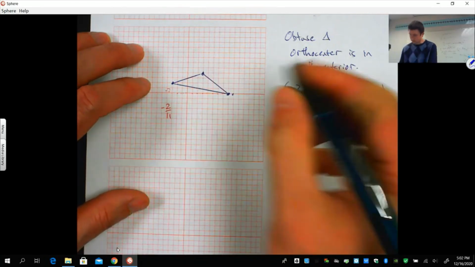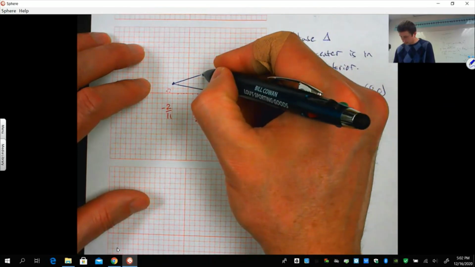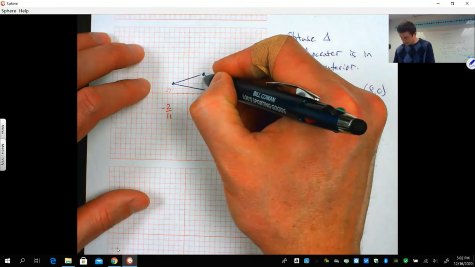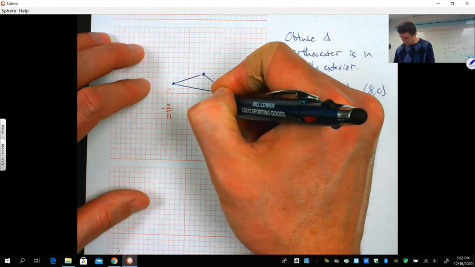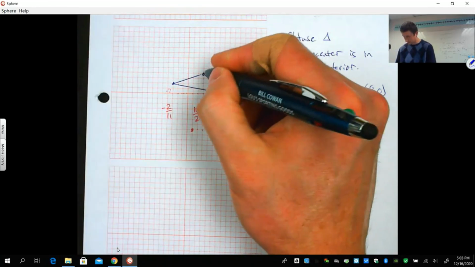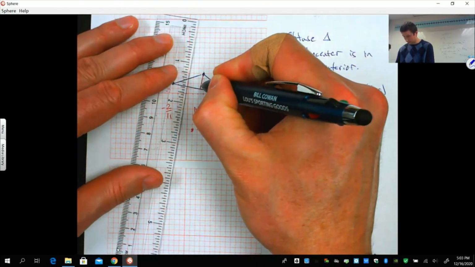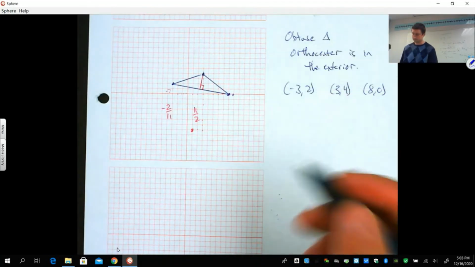Negative 2/11ths, so our perpendicular slope should be 11 over 2. So from here, I'm going down 11 and over 2 to get a positive slope. Line those up. There's one altitude. It does look like a right angle.